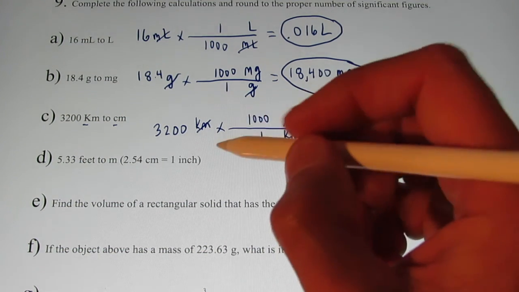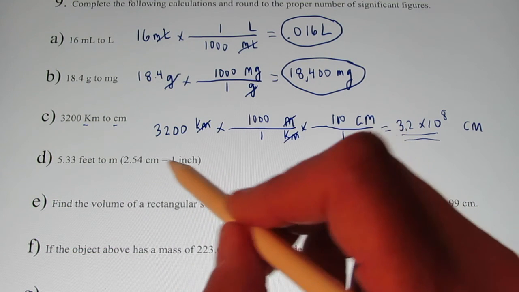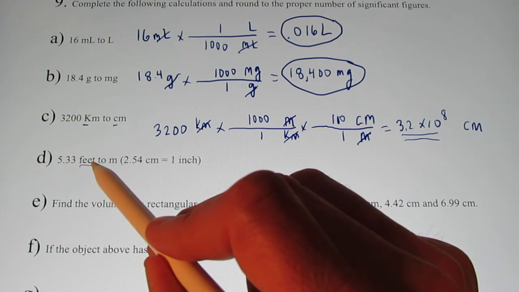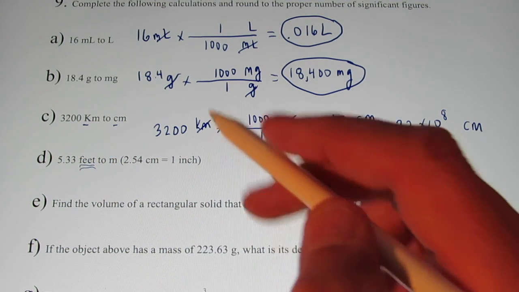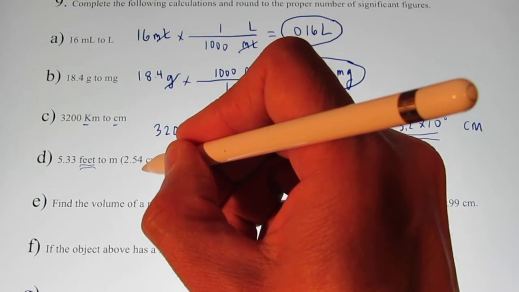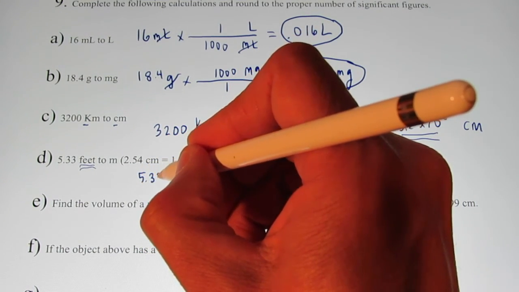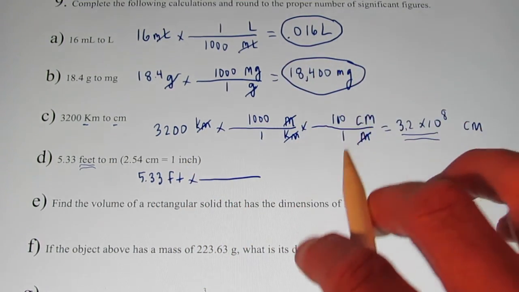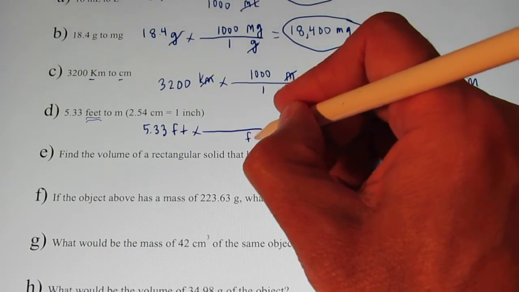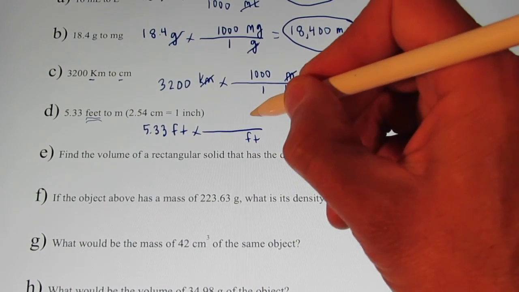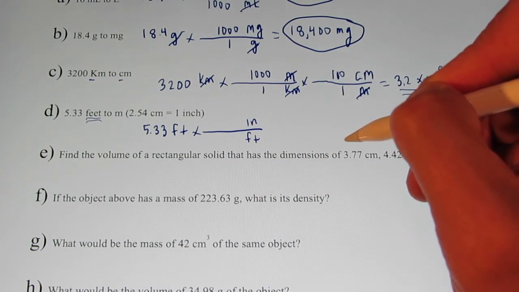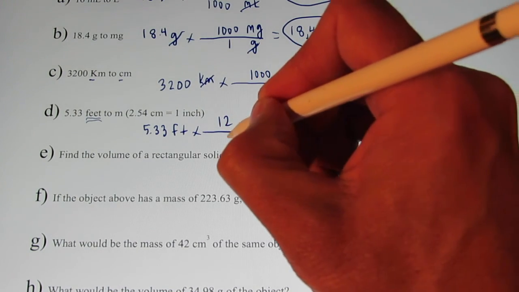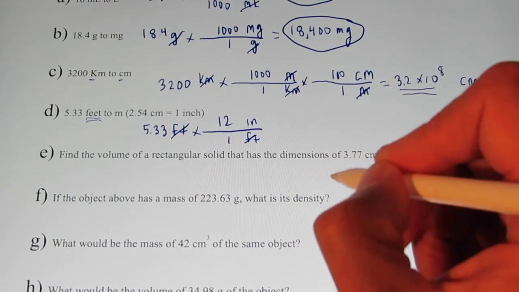All right, let's do 5.33 feet into inches. So now you can see we're dealing with English to metric. So let's start with what we know, 5.33 feet, and we'll go ahead and get out of feet. And I can get into inches first because I know there are 12 inches in a foot. So feet divide out.